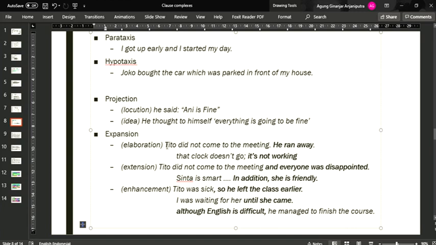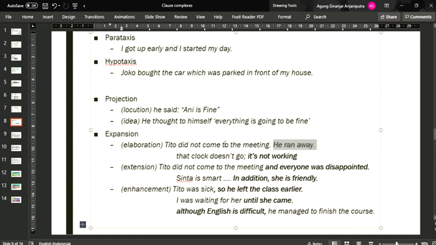So elaboration has something to do with restatement, or exemplification, or specifying something. So for example, Tito did not come to the meeting, he ran away. So this one is elaboration.